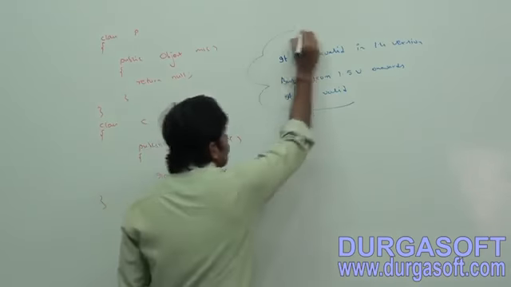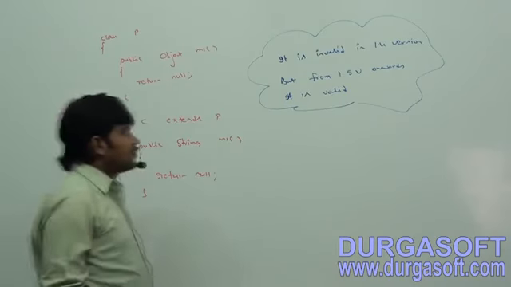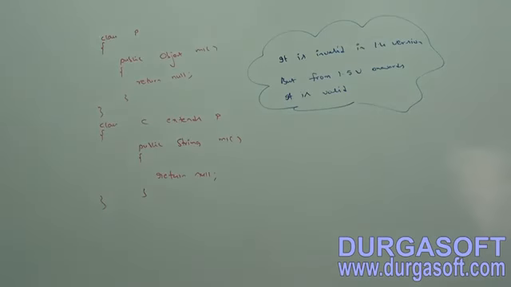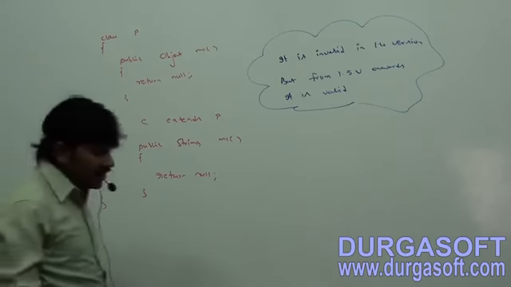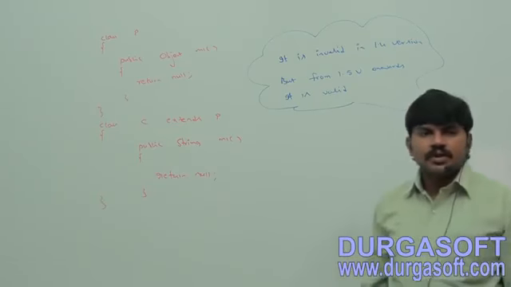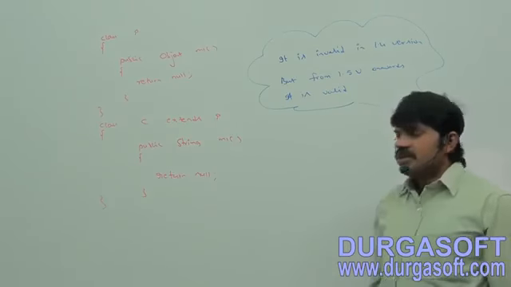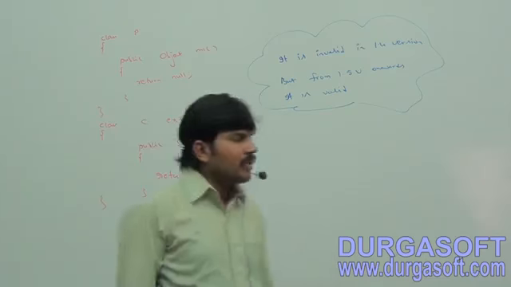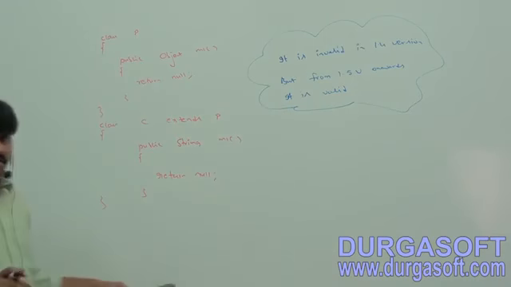It is invalid in 1.4 version, but from 1.5 version onwards it is valid. Just add that comment. That's all. This is the rule related to return type in the overriding concept.